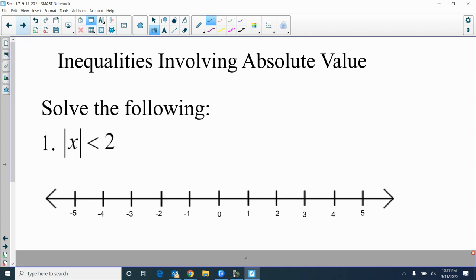All right, describe your solution to me. Okay, tell me how, using inequalities, what that solution looks like. I don't know if that makes sense here. So just be able to describe it.